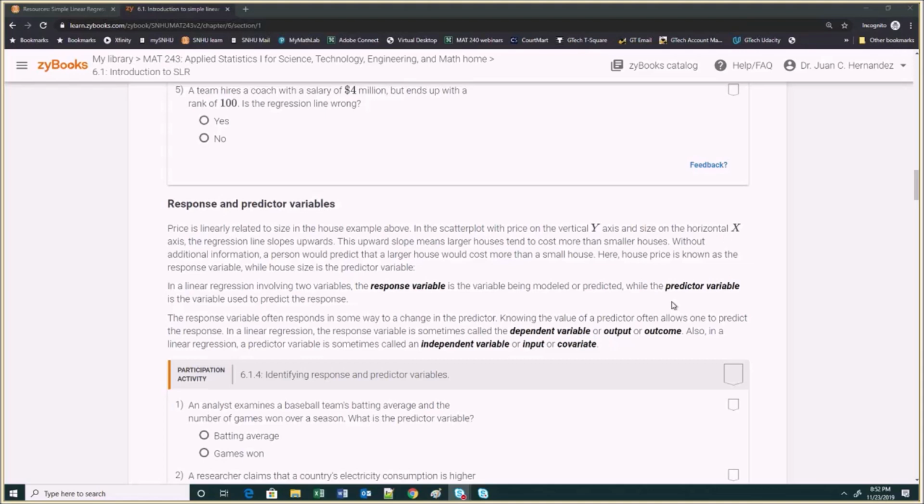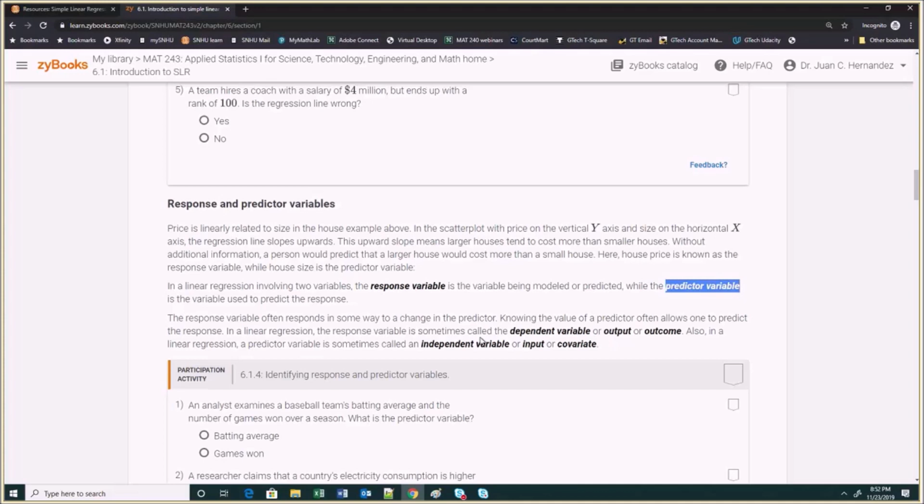So the predictor variable is what is used to predict the response variable. The dependent variable is just another way of calling out the response variable, and the independent variable is just another form of the predictor variable.